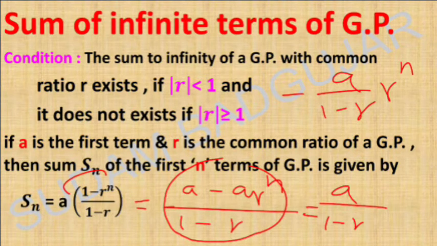And that is nothing but Sn is equal to A upon 1 minus R minus A upon 1 minus R into R raised to n.